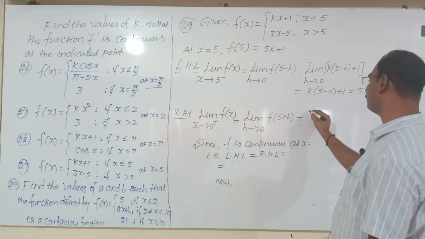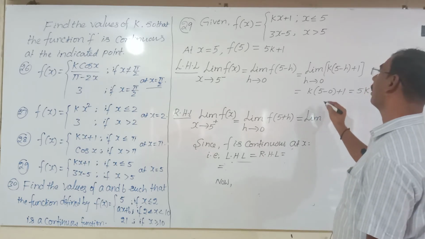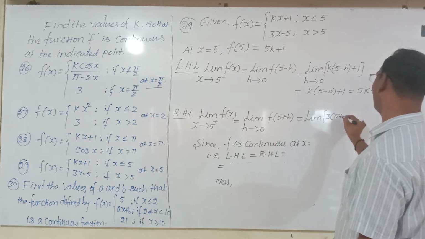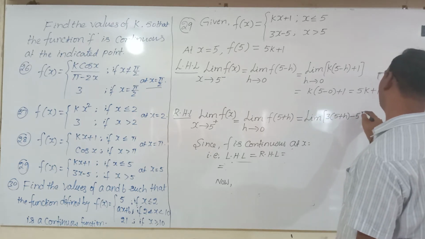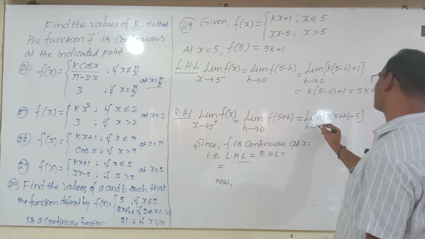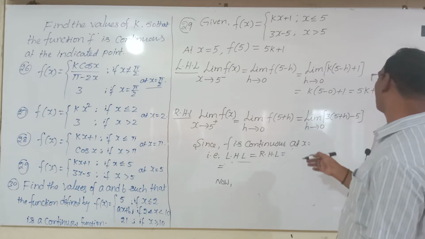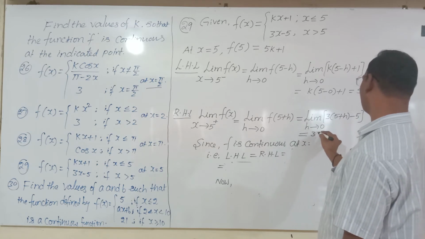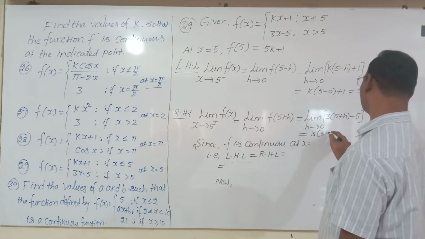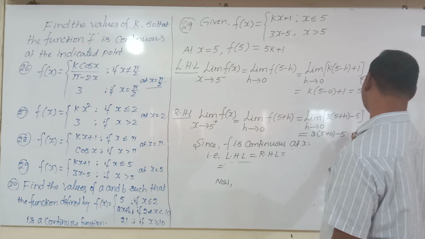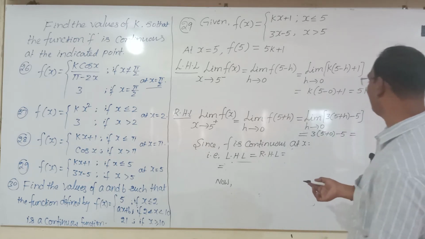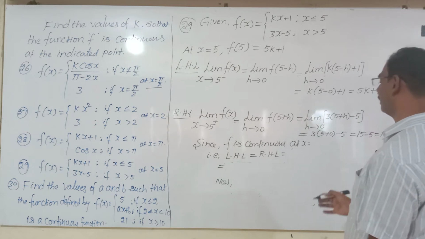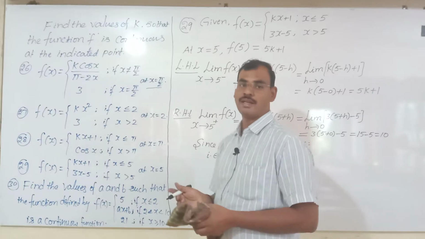Substitute the value: limit of 3 bracket 5 plus h minus 5 as h tends to 0. Now we apply the limit. This is equal to 3 bracket 5 plus 0 minus 5. So 3 into 5, 15 minus 5, this will be 10.